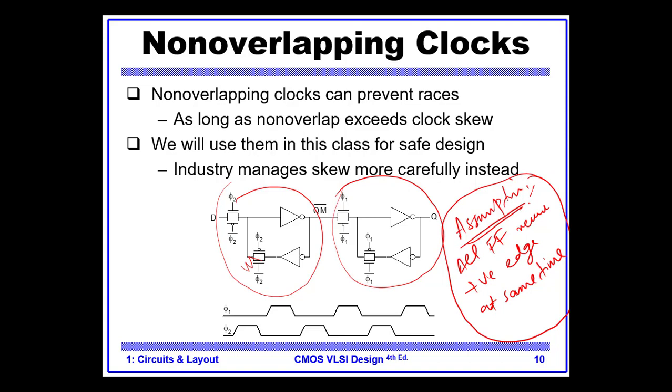Clock skew arises when you connect a single clock to a lot of flip-flops, millions of flip-flops. Then the chances of clock skew are more. But if you are using two clocks with two different phases in the same flip-flop, it reduces or eliminates the chances of clock skew. So this is one solution, but our assumption will be that there is no clock skew for this course.